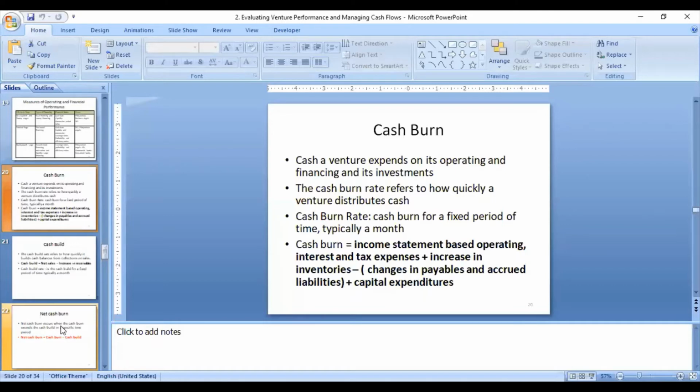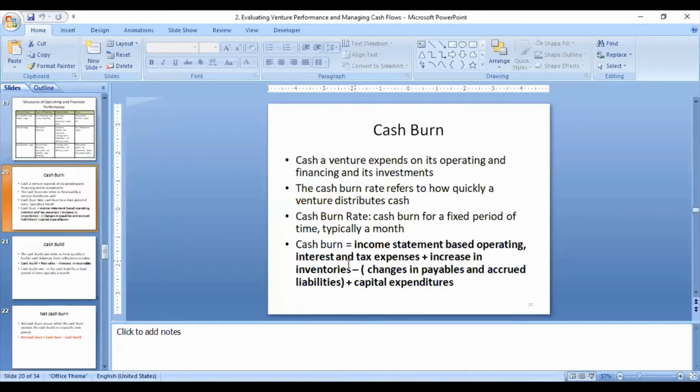If you look at this formula, you can calculate cash burn for a month using income statement information: income statement based operating, interest and tax expenses. Those are the operating and financing expenses, tax also, plus increase in inventories.